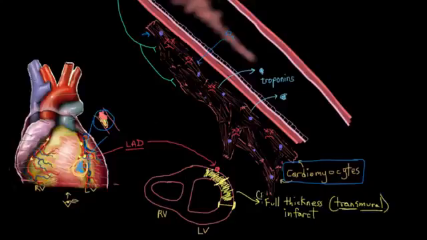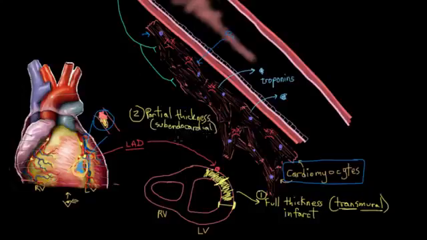That's one type. And the second kind, let's put it up here, the second kind is called a partial thickness infarct, or a subendocardial. That's the other word for it, subendocardial infarct. Well, how does that happen? Well, that happens because you'll have these little arteries that come off of the big ones.